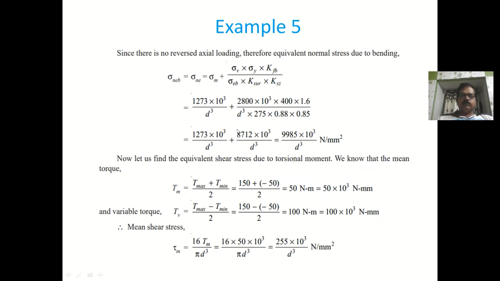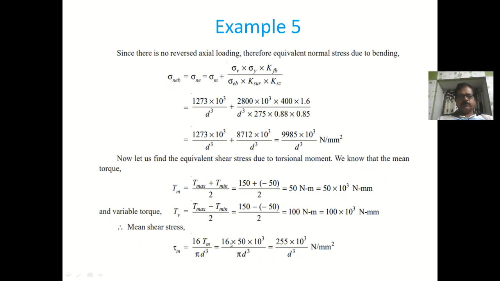Similarly, we will find out the equivalent shear stress. For that, the two torques given, the average of these two is 50 and the variability of these two is 100.